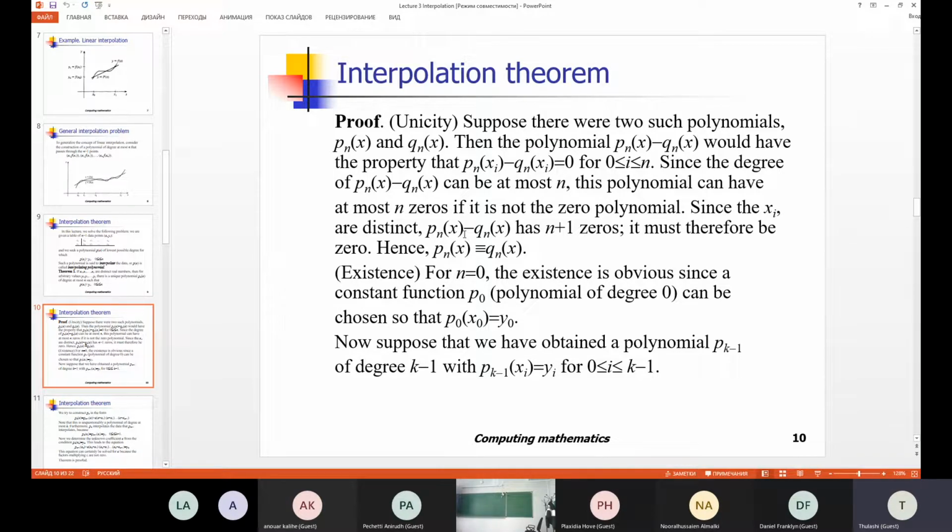Suppose that you have a polynomial of degree n. How many roots does it have? A polynomial of degree n has n plus 1 coefficients.